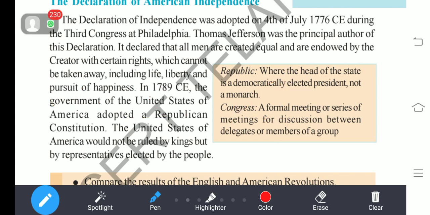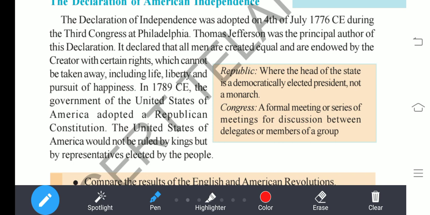This America adopted a Republican constitution. That means there will be an elected head of the nation, and that elected head has to rule America according to the constitution. In that way, the United States of America would not be ruled by kings.